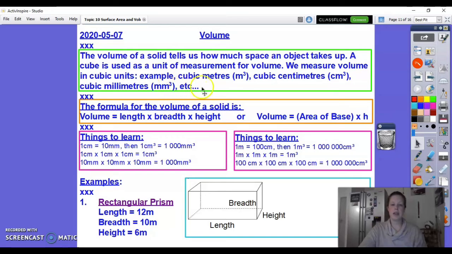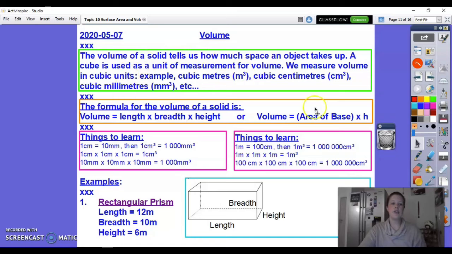It could also be cubic kilometers, or cubic inches if we want to look at American-based units, or cubic miles. Just remember it has to have that 3 after the units to make sure that you know you're talking about volume.